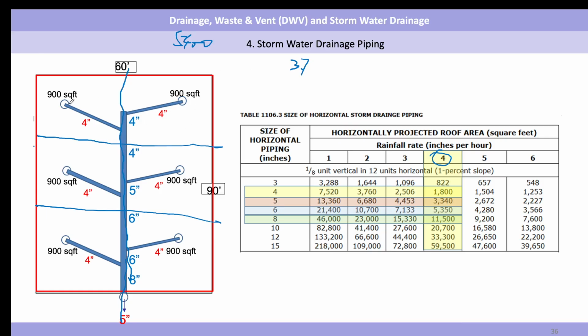First, the single horizontal branch connected to a drain needs to deliver water based on just the 900 square feet. So for 900 square feet, we choose the second row, 4. And how about this one? I will change the color.